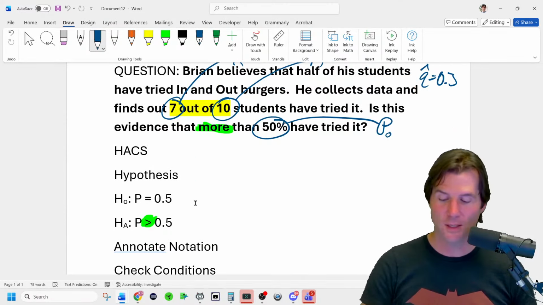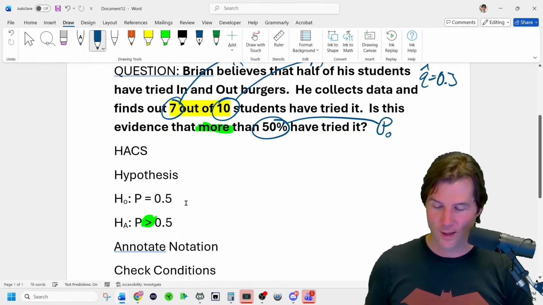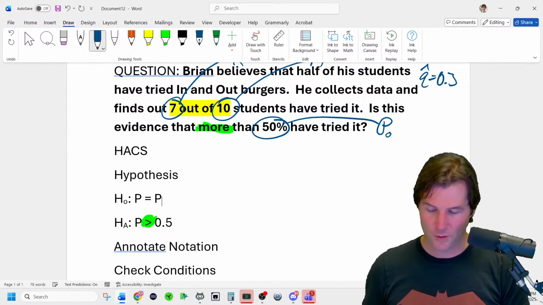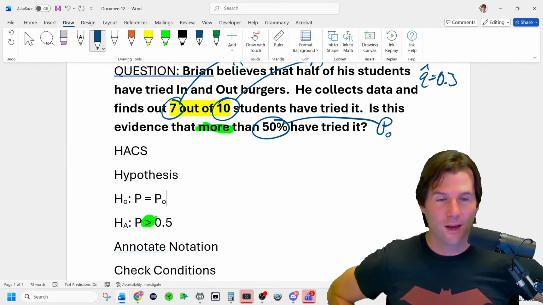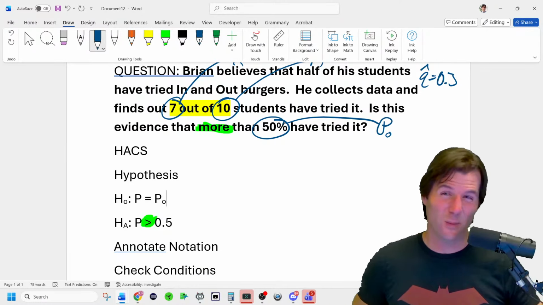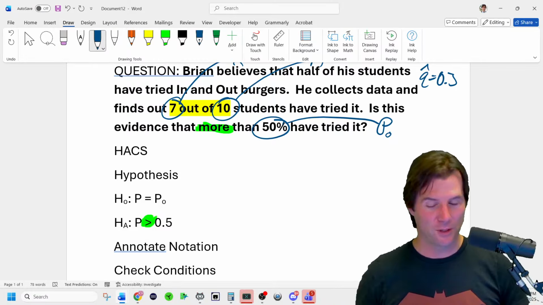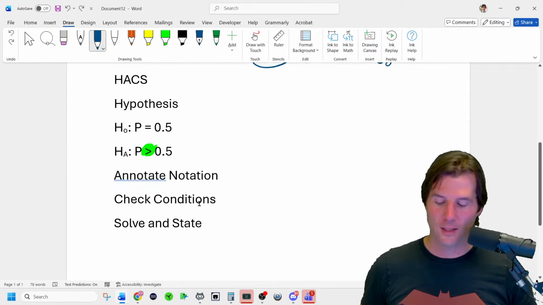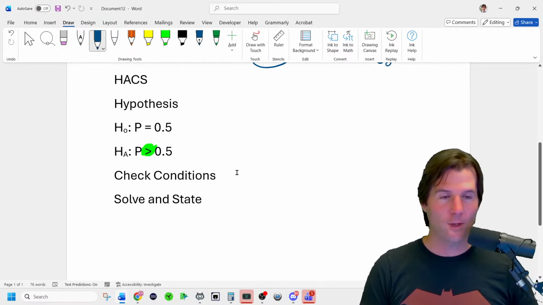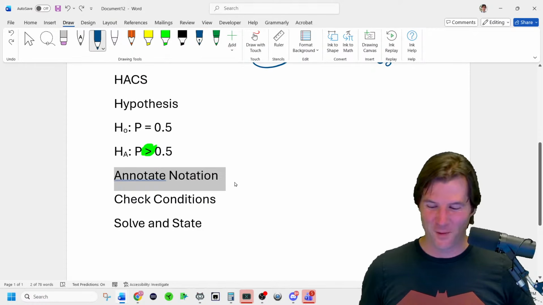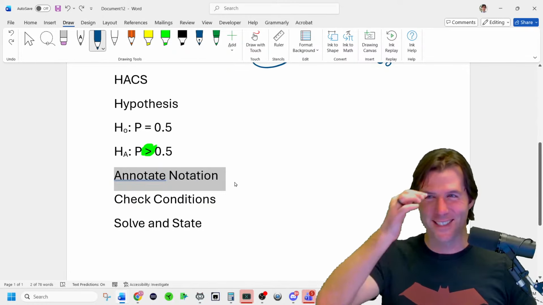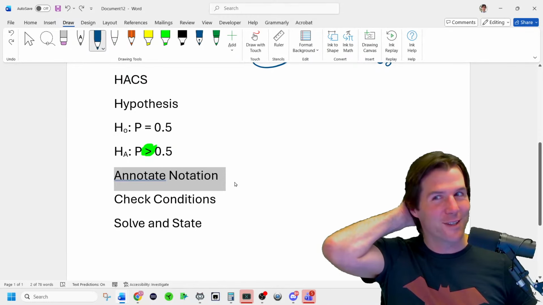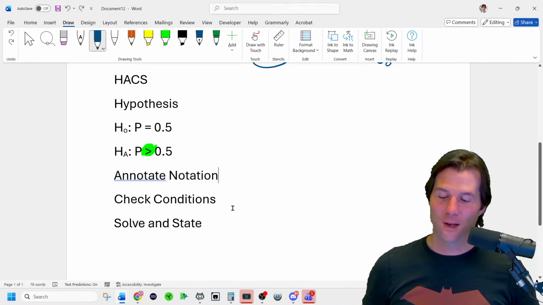It's what p is equal to according to us, according to the null, and it's technically p naught. P naught, the hypothesized value. It's one of the most commonly forgotten ones too, the little naught on it. There's p hat, p naught, all those things.